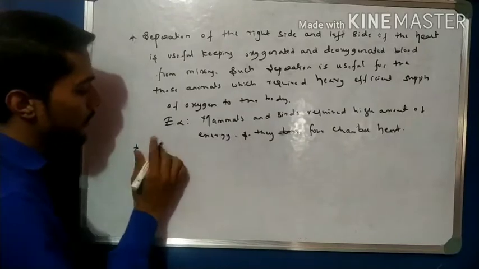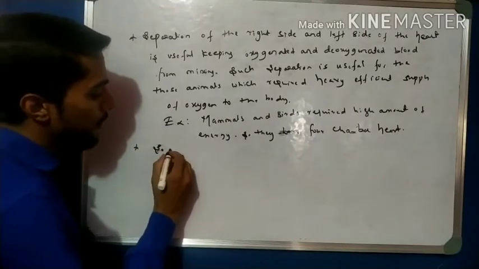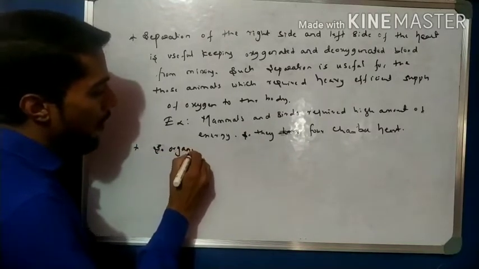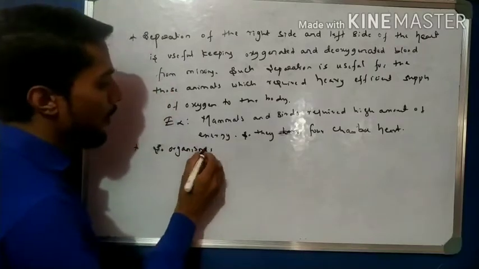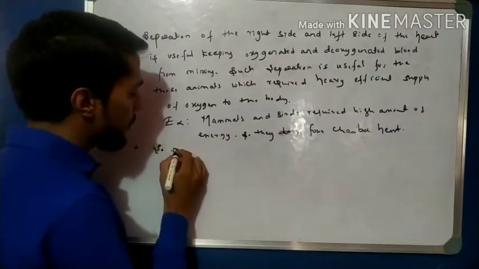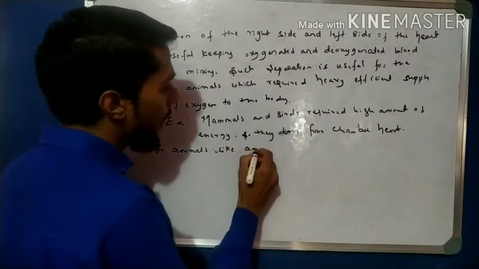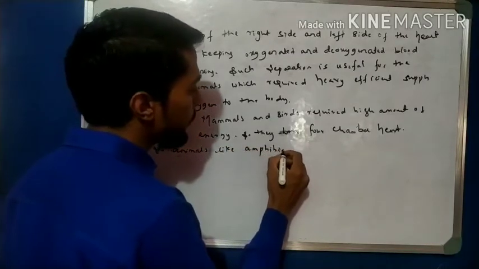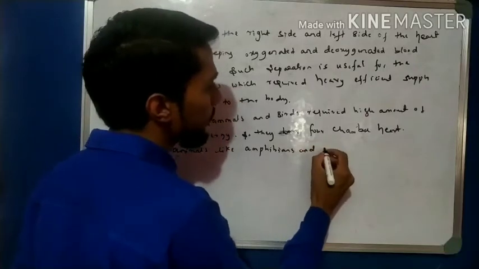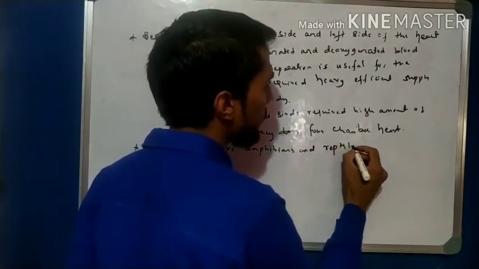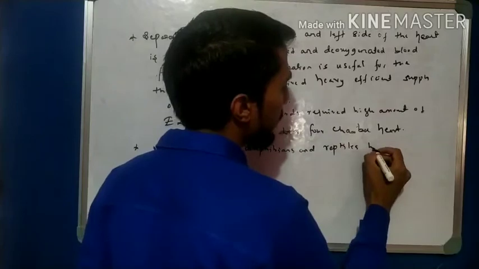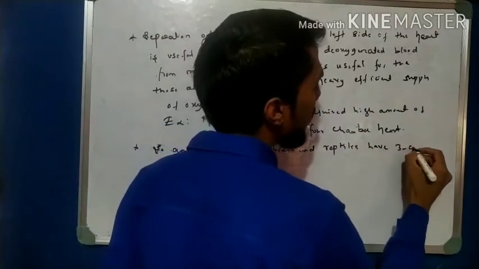Some animals like amphibians and reptiles have a 3 chamber heart.